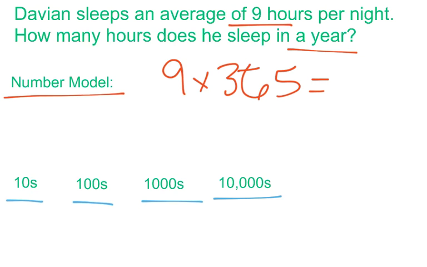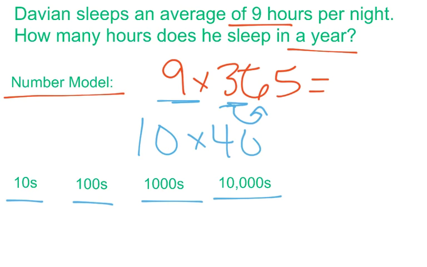So we're going to do some rounding to get these to some friendlier numbers. So let's round this 9 up to a 10. And let's look at that 3, look over by the 6, and we know that a 6 is bigger than a 5, so that 300 is actually going to become 400. So this would be our number model.